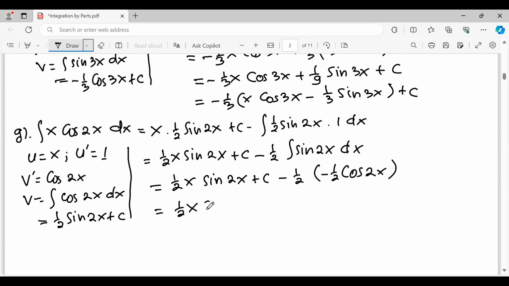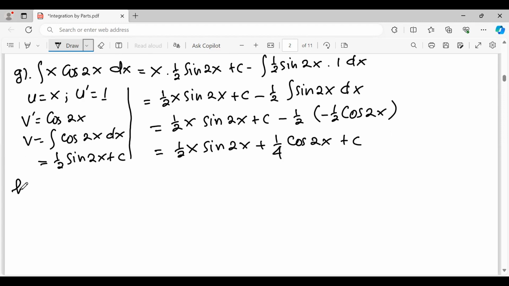Becomes half x sine 2x plus 1/4 cosine 2x plus c.